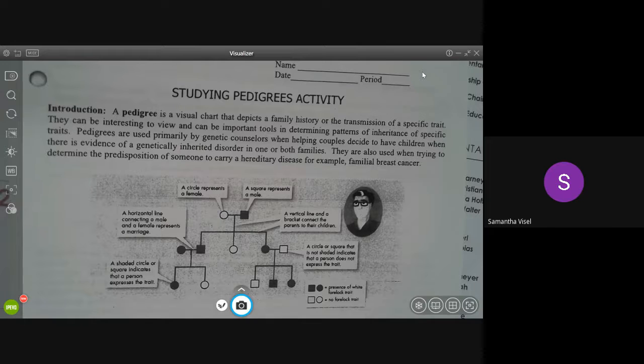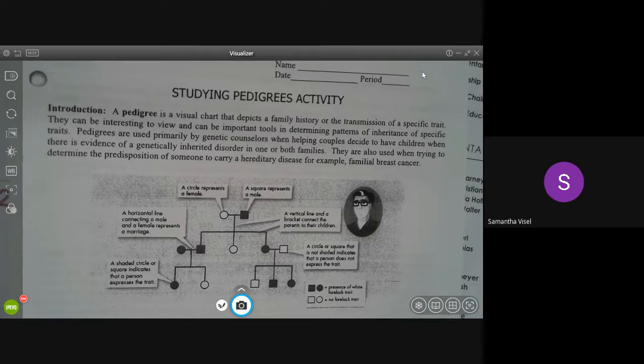Pedigrees are used by genetic counselors to help families that have a very detrimental, harmful genetic condition, and to give them an idea of the likelihood that their child could be afflicted with the disease. Some couples might choose to not have children if they know there's a high likelihood or a guaranteed fact that their child could have a terminal illness, for example.